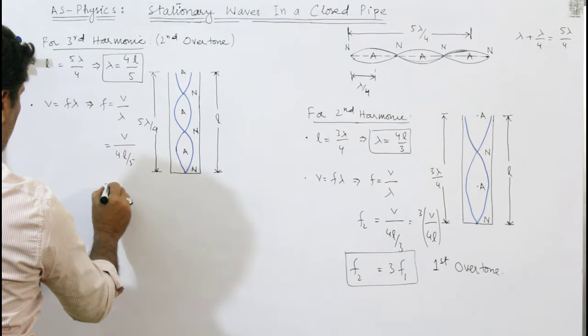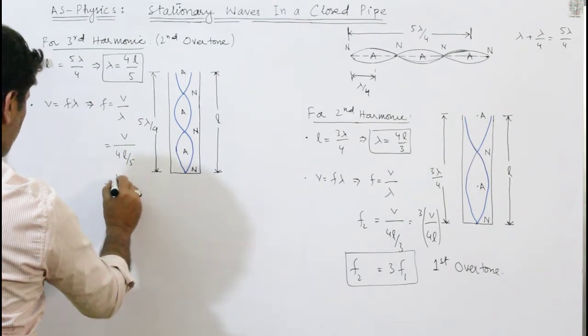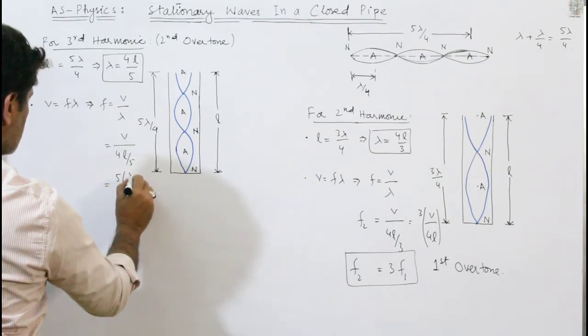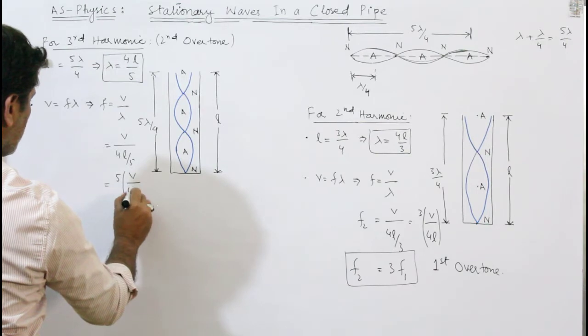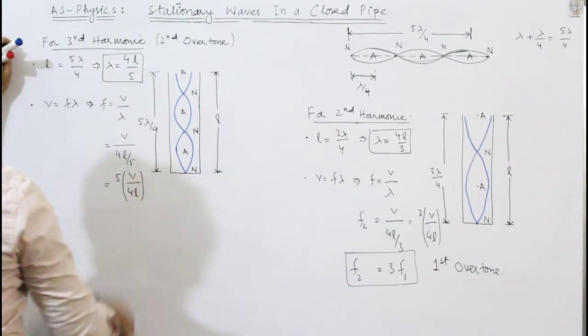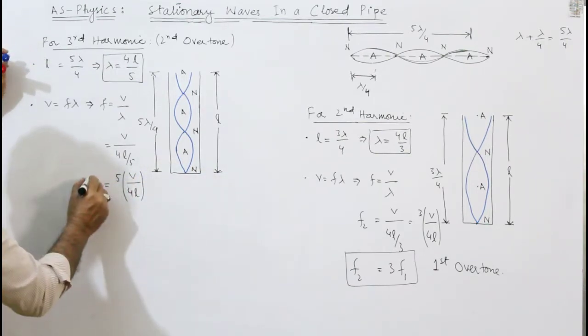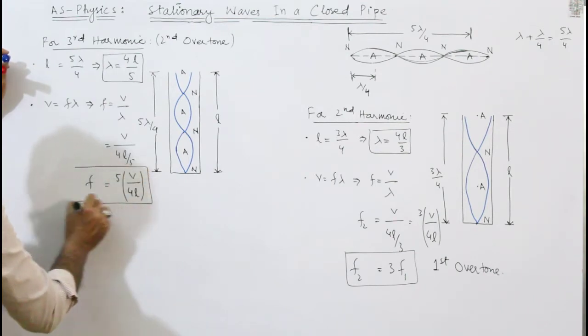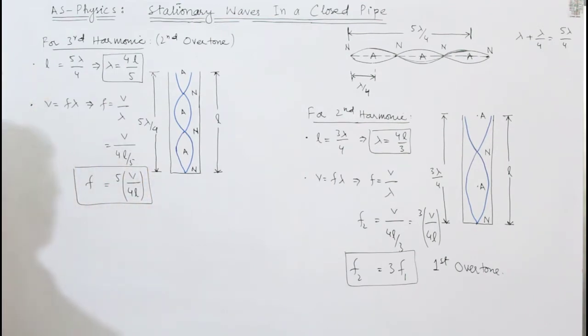Now we'll shift this 5 to the numerator, so it can be written as 5 times V over 4L, and this V over 4L can be written in the form of the fundamental frequency.